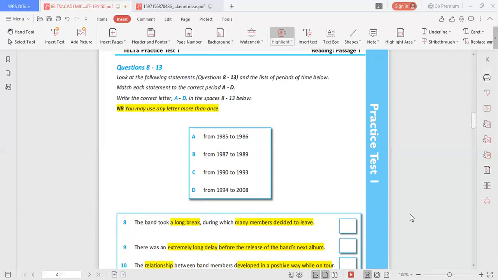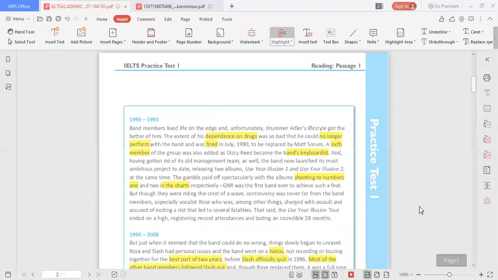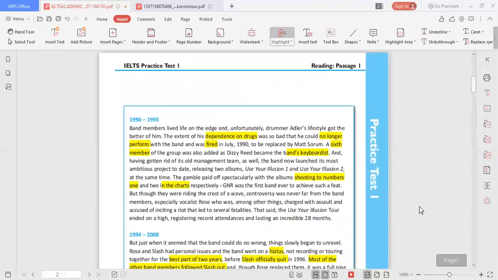Okay, so here you have to be very fast in reading because you've got all these years. So you really want to start from 1985 and then read till you hit a group of sentences or phrases that talk about a long break, and then also the decision by many members to leave the band.